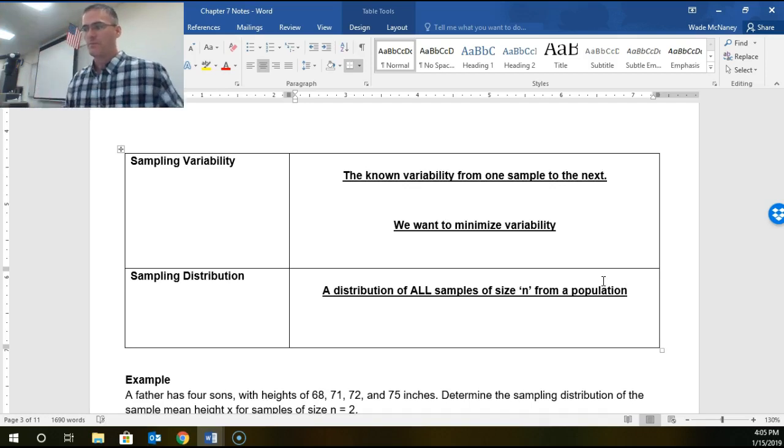So, sampling distribution, going back to that ACT score. If we're going to sample 30 students and ask them their ACT score and plot their mean ACT score, in order to do a true sampling distribution, theoretically, I have to ask every single possible different group of 30 students.